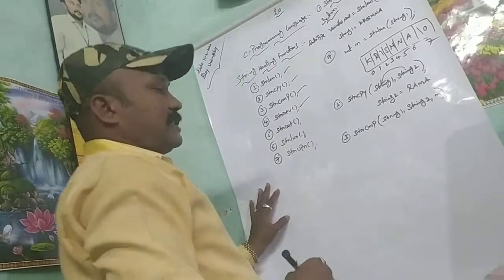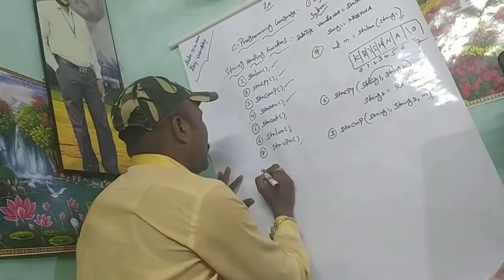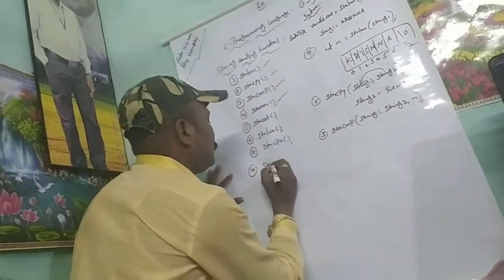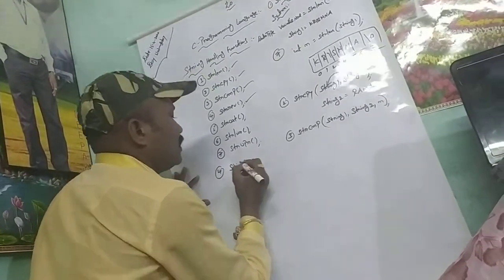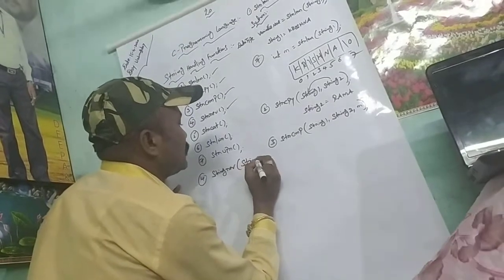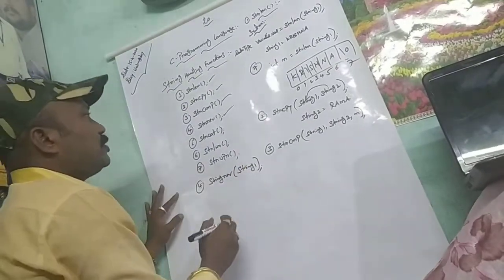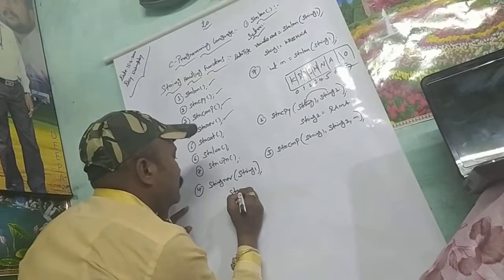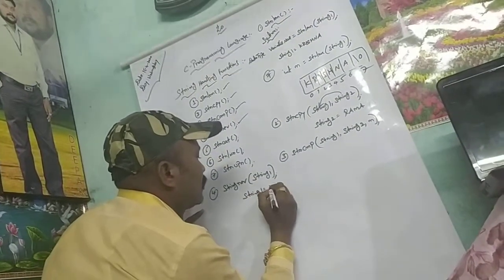Next one, my dear students, the fourth one, string reverse. For example, string 1 is Rama.